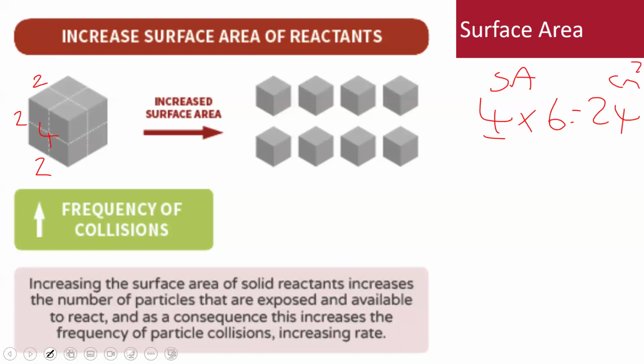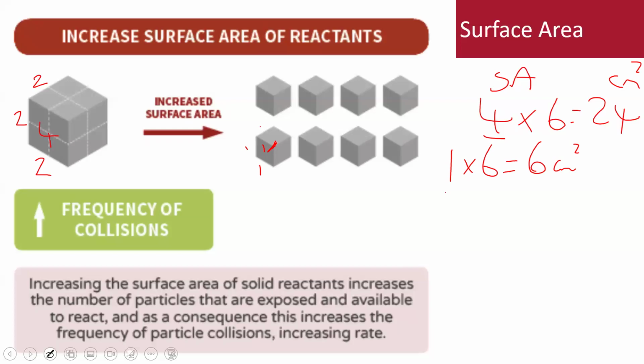If I then smack it with a hammer and break it up into all these little tiny blocks, that block there has a surface area of 1 on one side, multiplied by 6 gives 6 centimeters squared in one block.